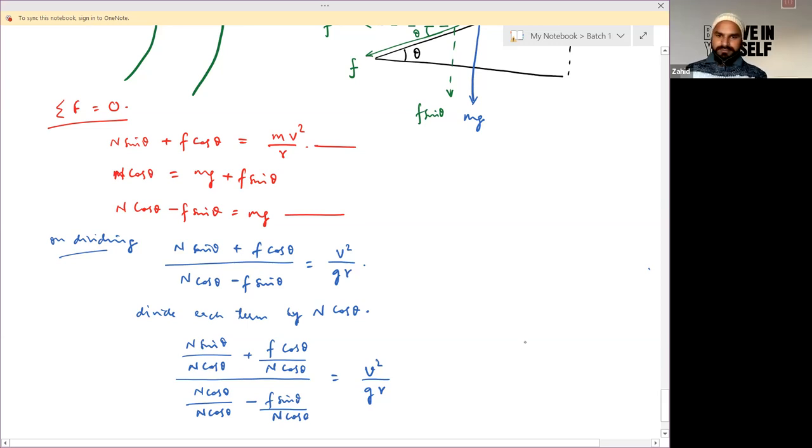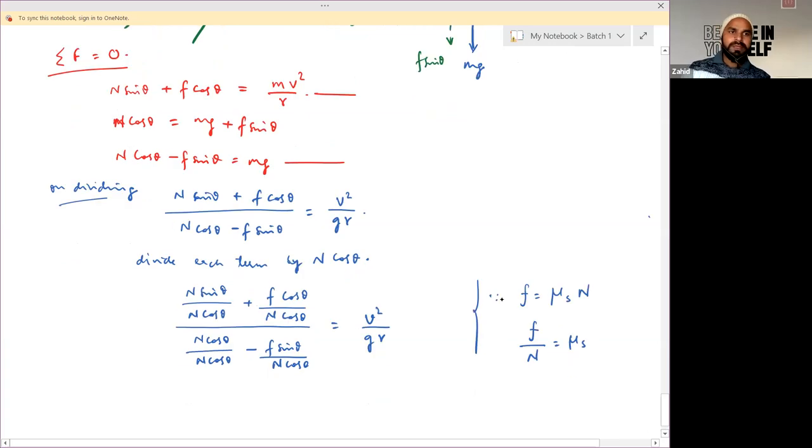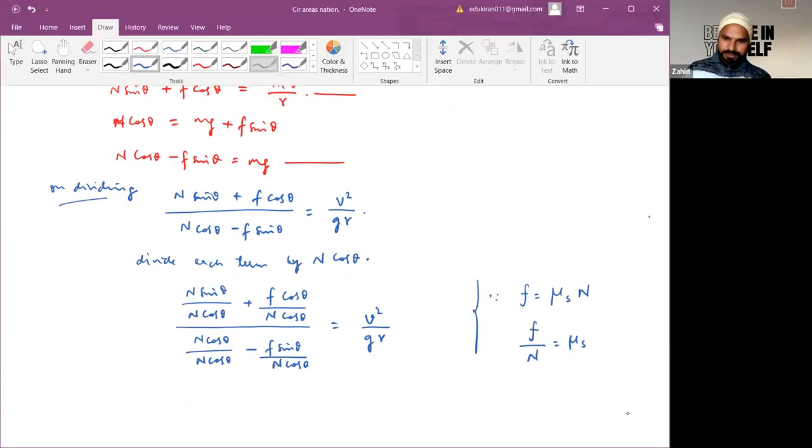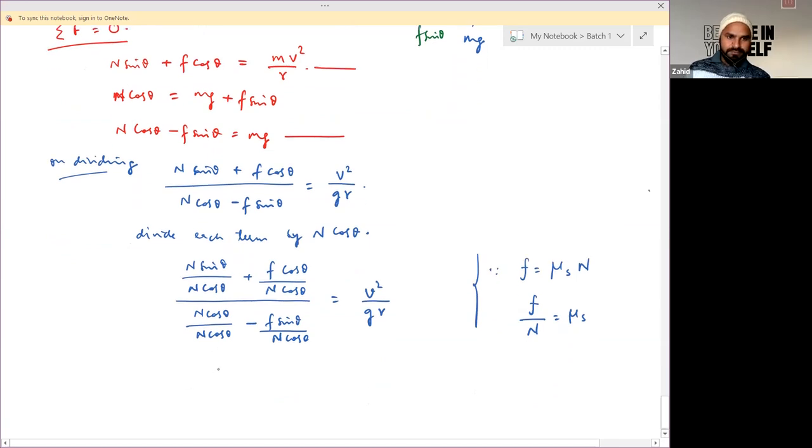So we're left with frictional force equals mu static times normal reaction. So frictional force divided by normal reaction equals mu s. If you put this term in this part, you will get tan theta plus mu static divided by 1 minus mu static times tan theta equals velocity square over g times r.